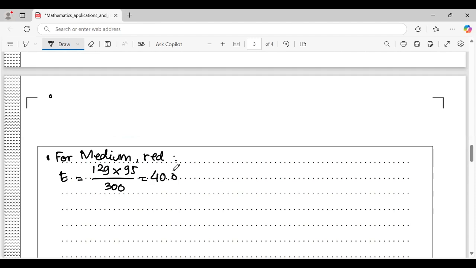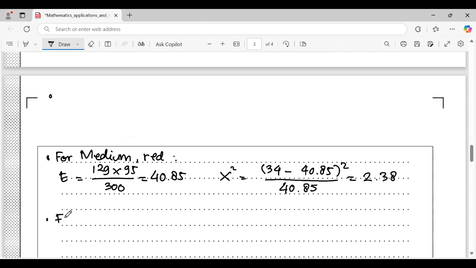The result is 40.85. And the chi-squared calculation for medium red, 34 minus 40.85 squared over 40.85. The result is 2.38.